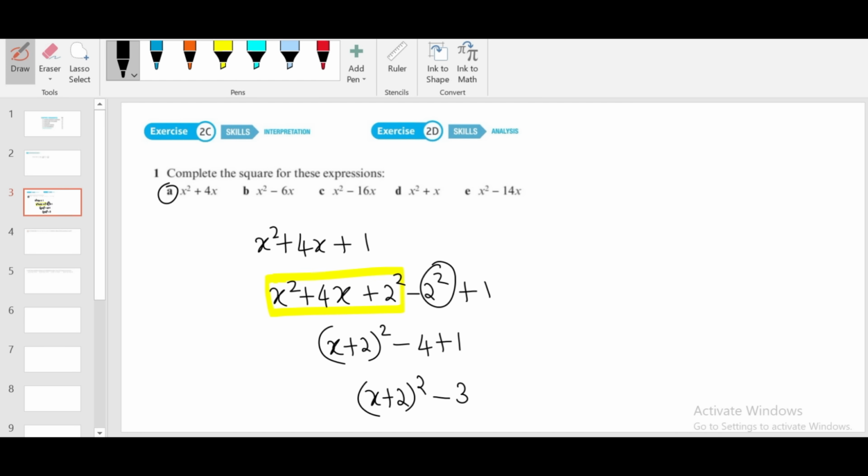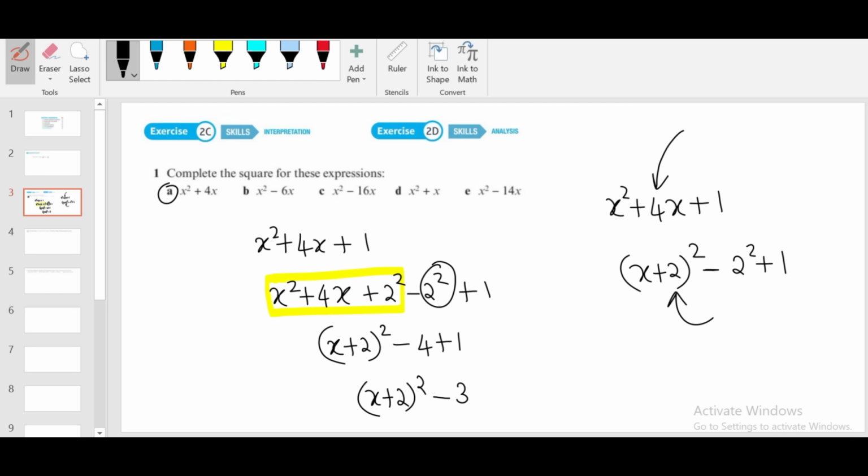Now what is the shortcut? When you get this one, x square plus 4x plus 1, take the coefficient of x. It's positive 4, right? Half of it is positive 2. So just write x plus 2 whole square and then put a minus sign. Here you have 2, right? So you just put 2 square plus 1.